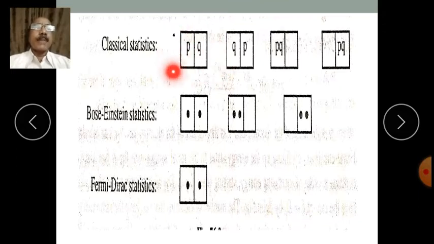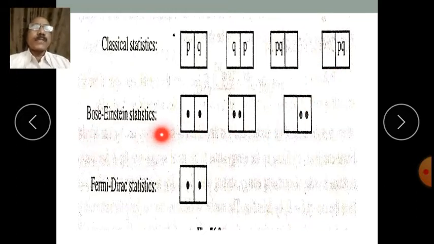They are shown by P and Q. P is in the first compartment and Q in the second, or Q is in the first compartment and P in the second. So we get four different microstates for arranging two particles in two compartments.